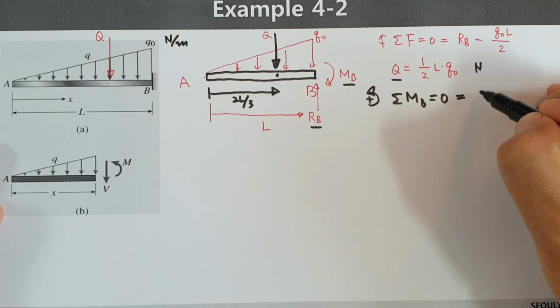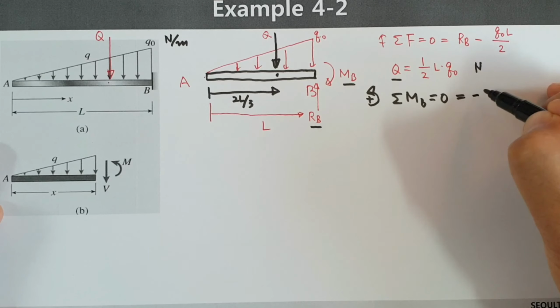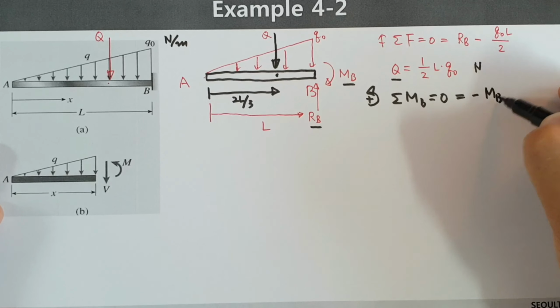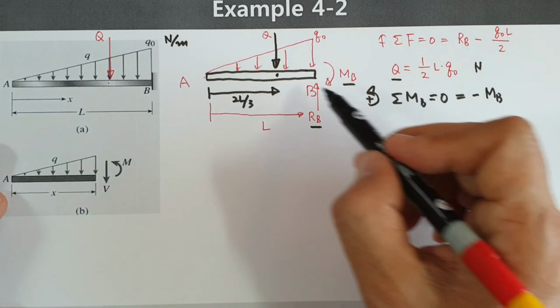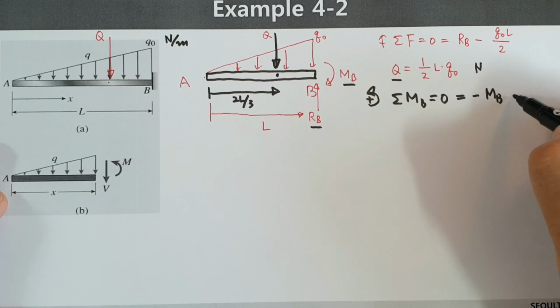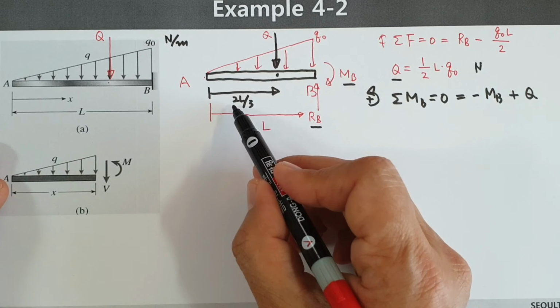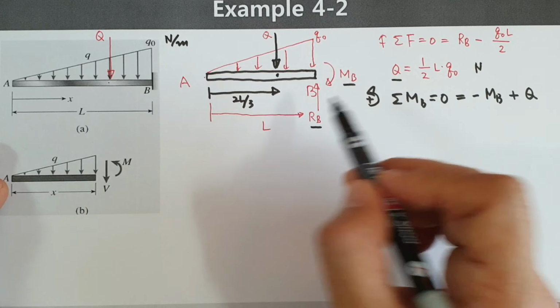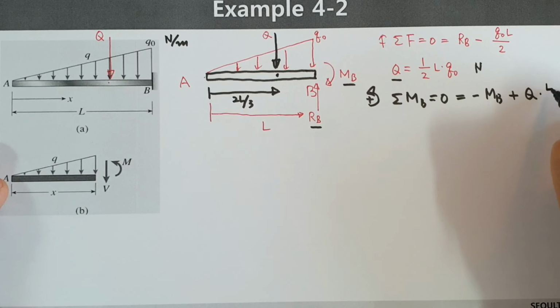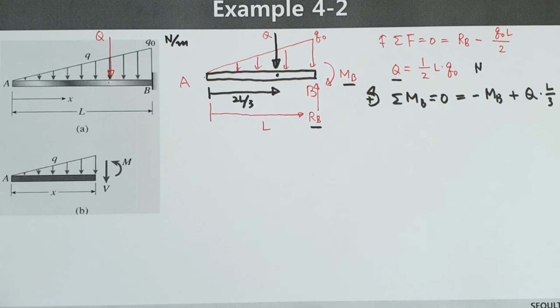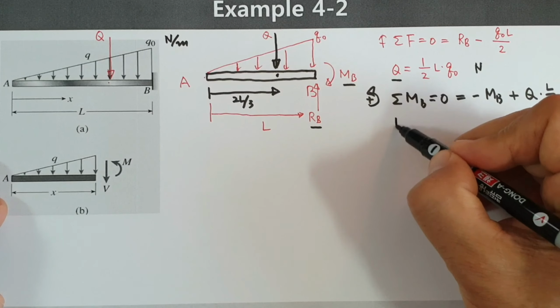This one, let's say MB, minus MB, and this direction is positive, plus Q, and distance is total length L, and 2L/3, then 1L/3. That's the positive one. Then it is in the state of equilibrium. That's why MB we can calculate.